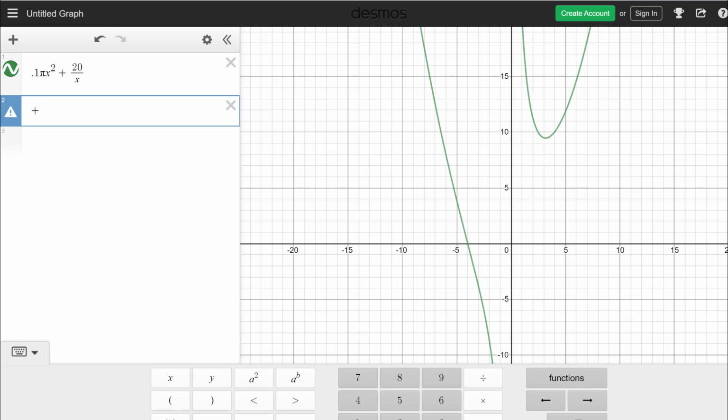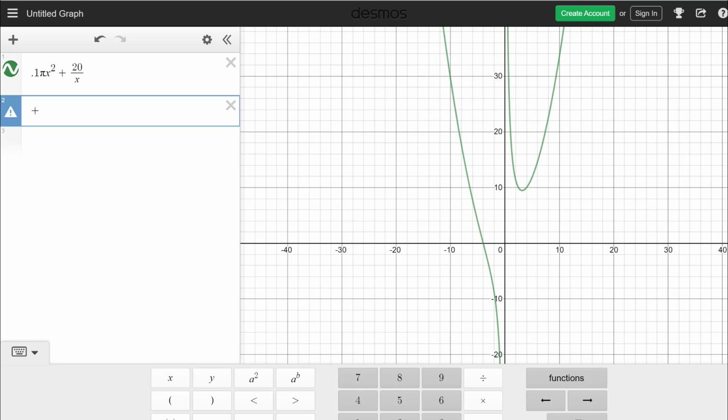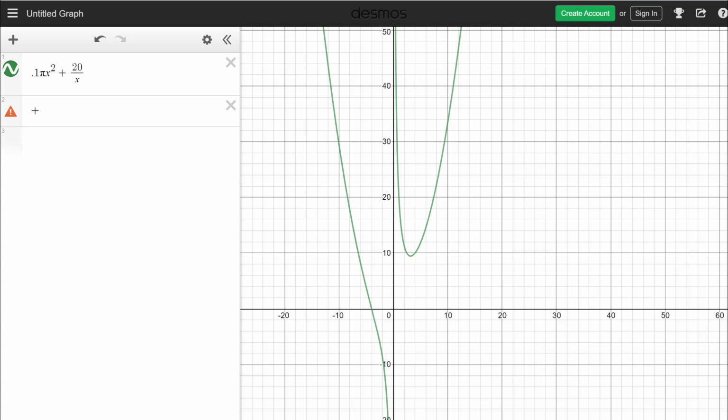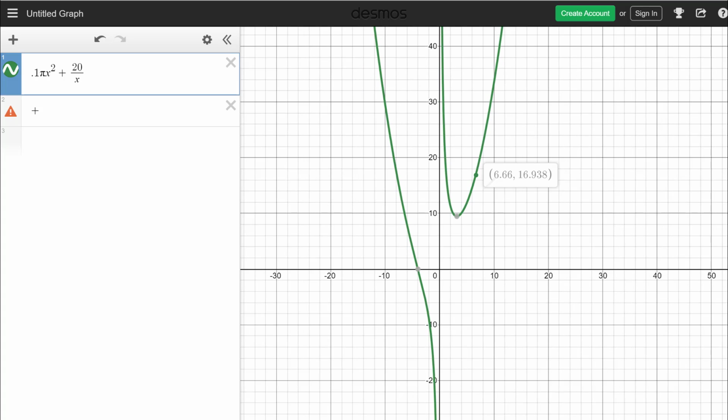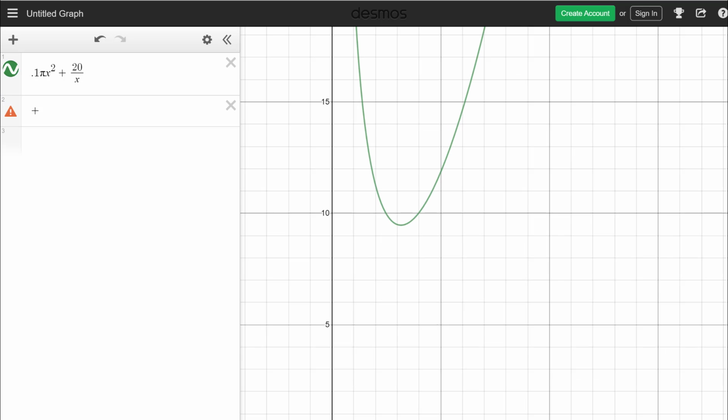And here we need to zoom out so that we can see what's going on with this graph. And we have this vertex that you can see right here, if I can zoom in on that some. And this is where our value for x, or in this case r, is going to give us the least cost.